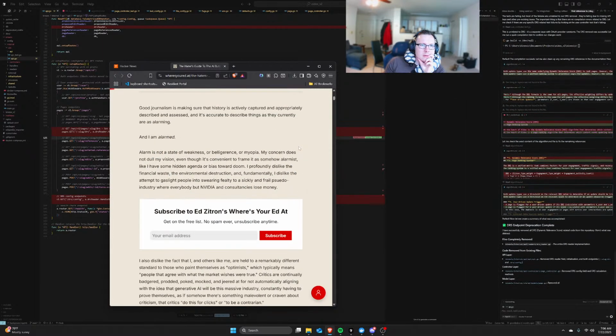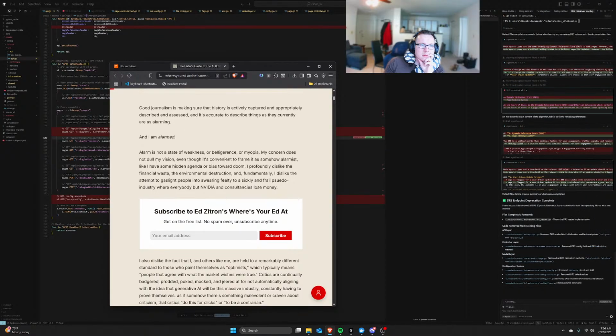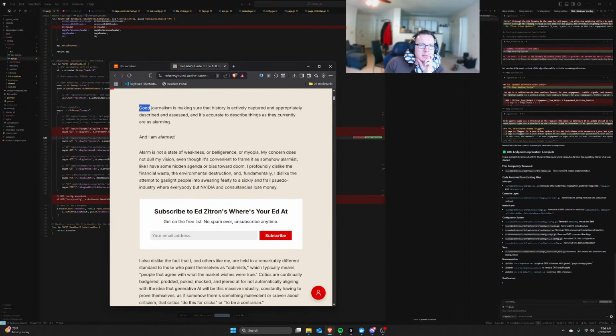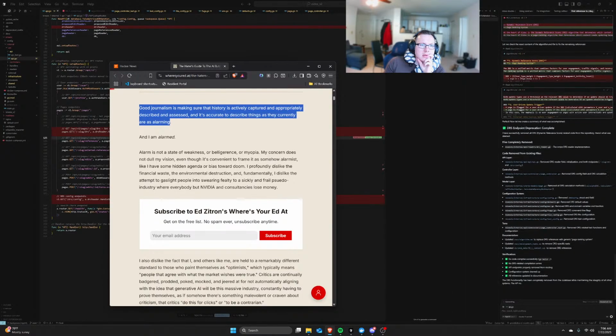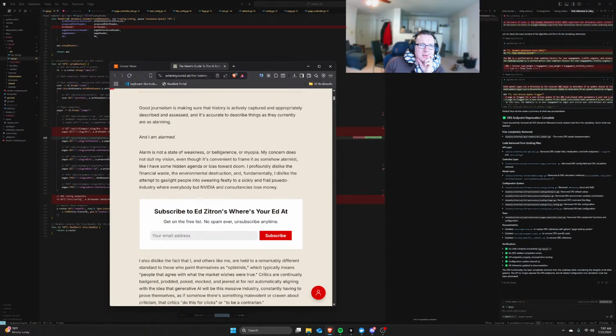Let's read this article. Good journalism is making sure that history is actively captured and appropriately described and assessed, and it's accurate to describe things as they are alarming, as they currently are alarming. And I am alarmed. Alarm is not a state of weakness, belligerence, or myopia.